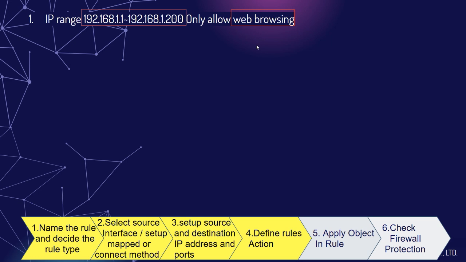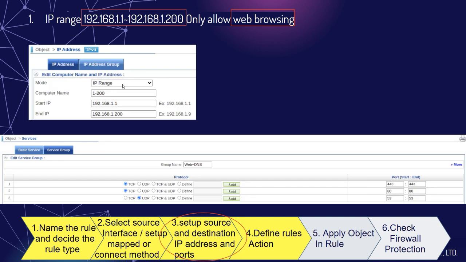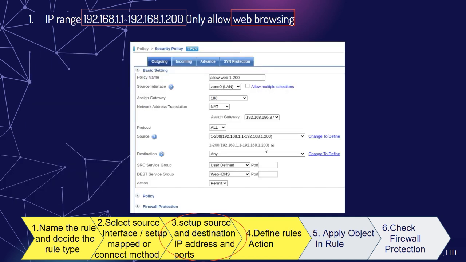Then in the third step, I will apply the IP address group and the service group settings like this. I will define the IP address, IP range, and the service group. So I can apply the IP address and the service group in the rule, and the action is permit.